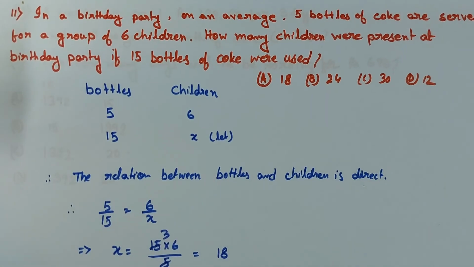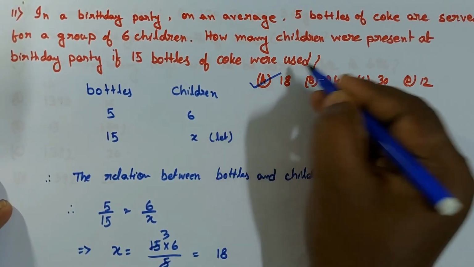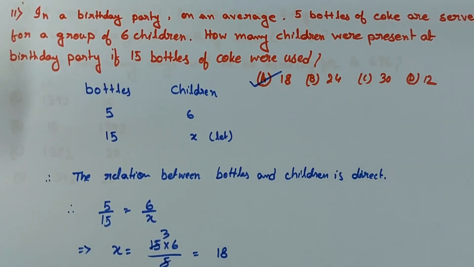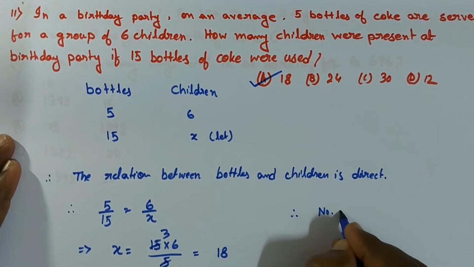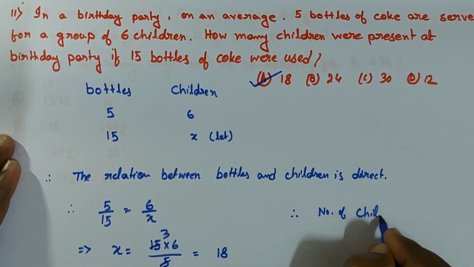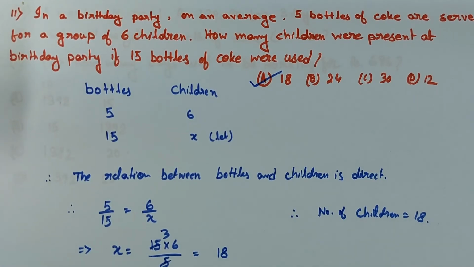Okay, so here our correct answer is 18. Okay, understood? 18 children, so the number of children equals 18. Option A is our correct answer.